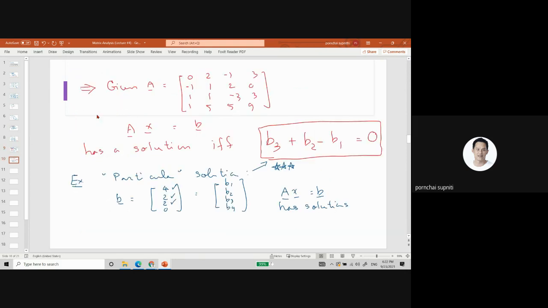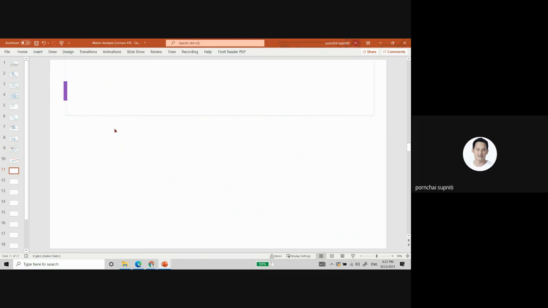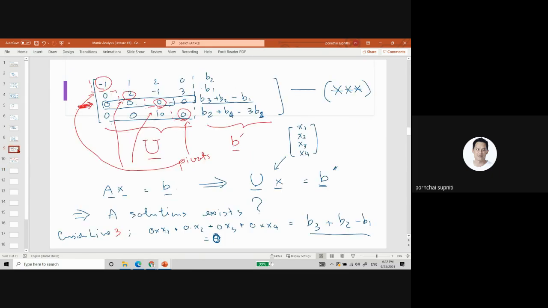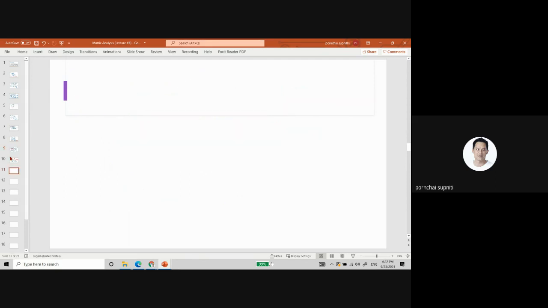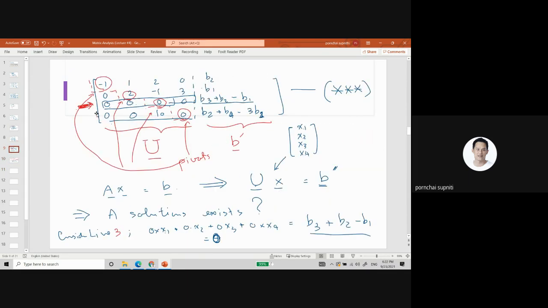If I go back to the solution on the previous page, for this matrix, I can rearrange a little bit so that, in the form of the echelon form, I can switch between line 3 and line 4. And I need to switch these two lines as well. But then these conditions still exist. There's no problem.